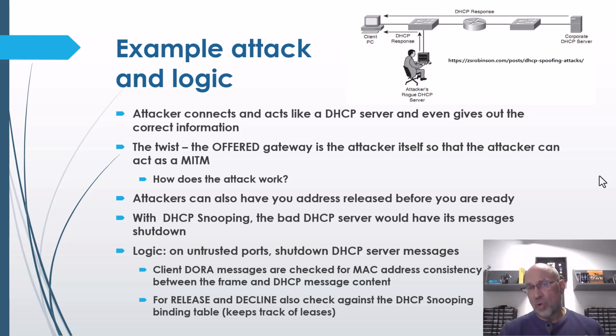Now beyond DORA, right, there's the discover, offer, request, and then acknowledge, there are the release and decline messages. These messages can also come from an attacker to tell a host that you're done, or to tell the server that these addresses are now released and can be given to somebody else. These messages would also be blocked by DHCP snooping.